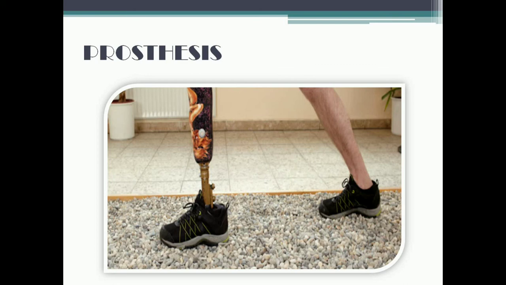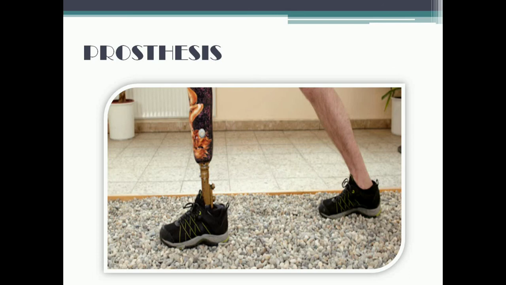Next is prosthesis. So what is the prosthesis and for what is it used? The prosthesis is an artificial substitute for a missing part of the body. I will give you some examples so you can easily understand what the prosthesis is. For example, if an amputation is done in some part of the body, such as the leg or the arm, that part is replaced by some artificial part which does the same work as our body part used to do.